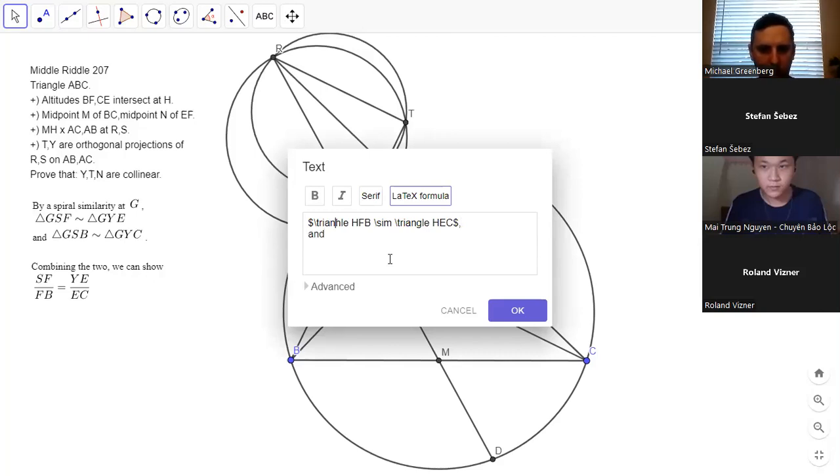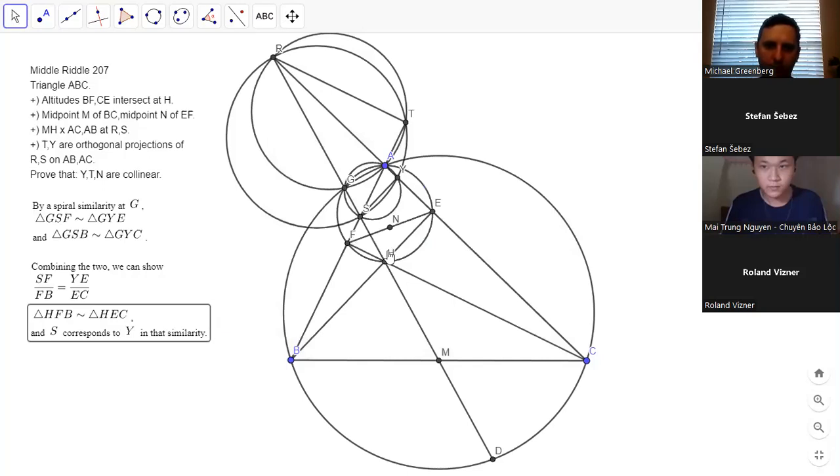All right. Sorry, I know it's covering up the diagram. And S corresponds to Y in that similarity. And so once we know that, then we know angle SHF is equal to angle YHE.